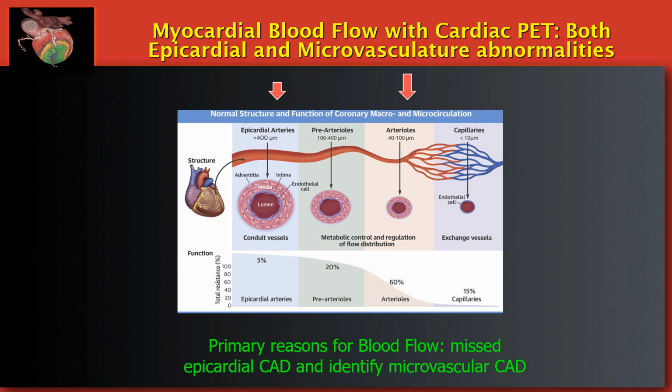The epicardial arteries are greater than 400 micrometers in diameter, but all the way down to the capillary beds, which are about 10 to 20 micrometers, sometimes a little smaller. And these are the exchange vessels. So you'll notice that the total resistance and function greatly decreases as there are issues or metabolic flow distribution problems within the smaller vessels.